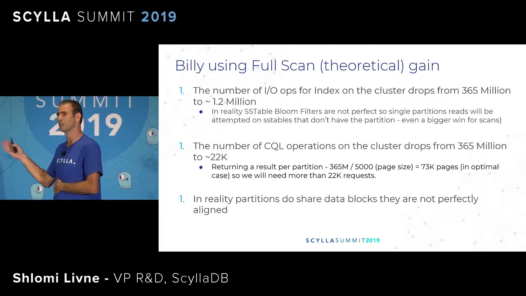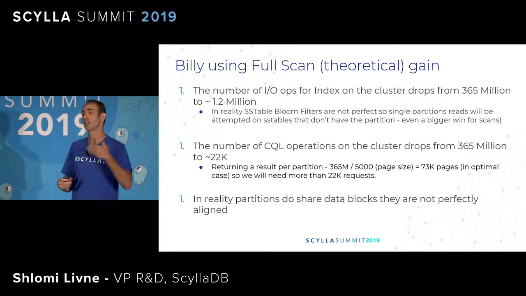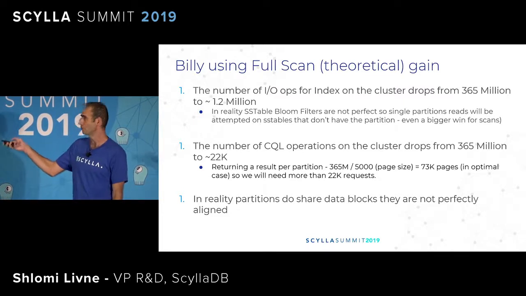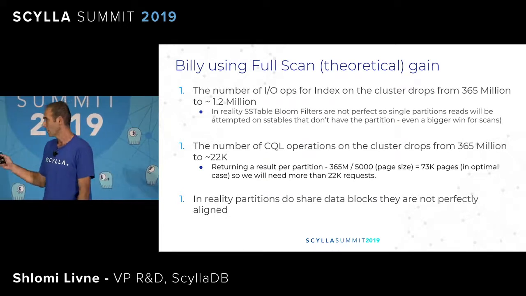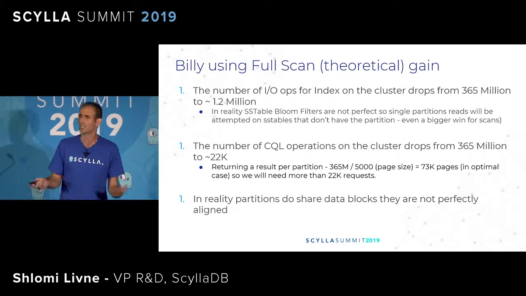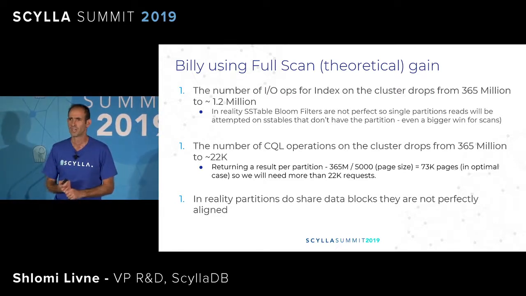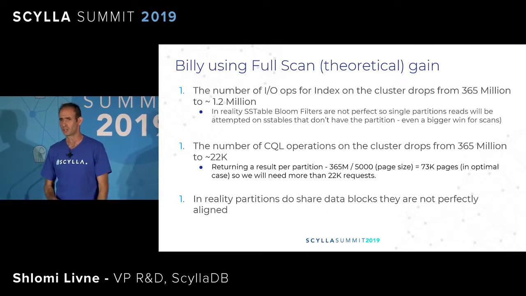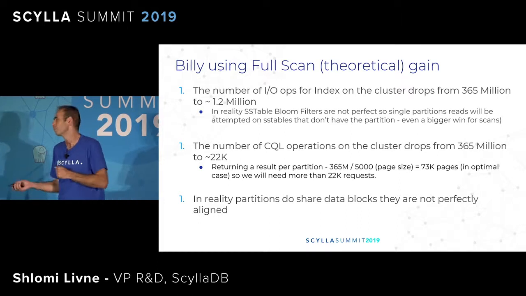So the minimum, if we're using the default page size, is 73,000. So it has to be bigger. But we're not going to reach the 365 million. Last, the biggest assumption that I had in the theoretical analysis was that a partition is perfectly split across the data blocks. They're not. They're going to be scattered around and so forth.